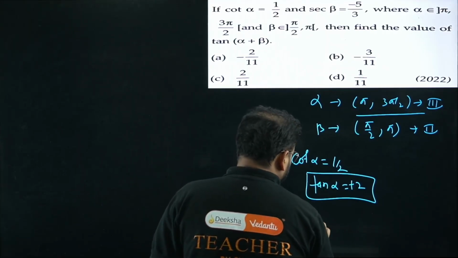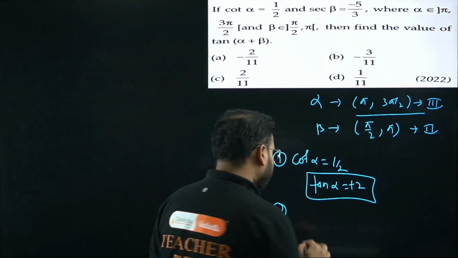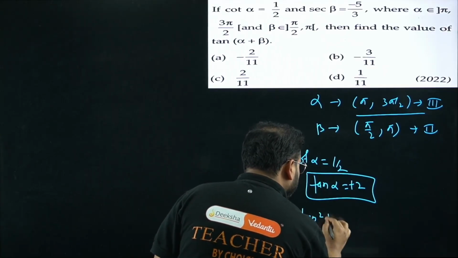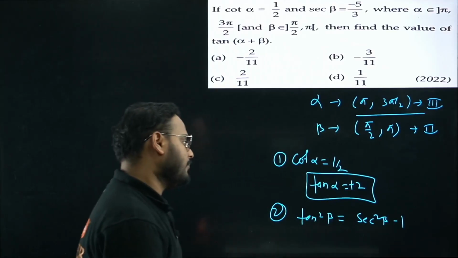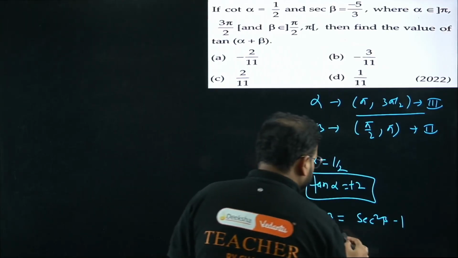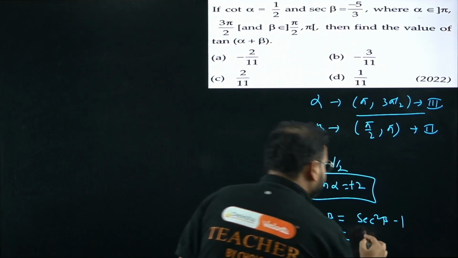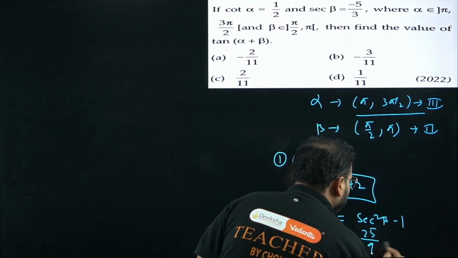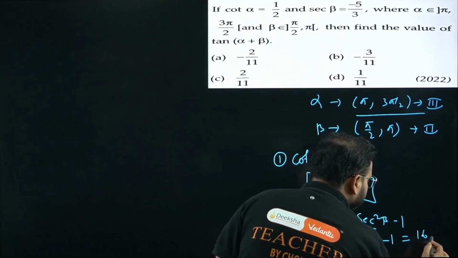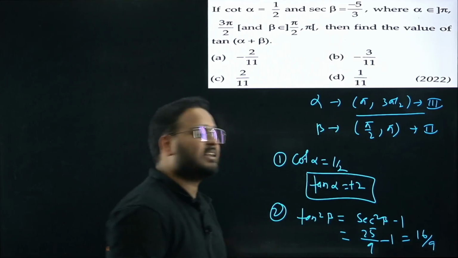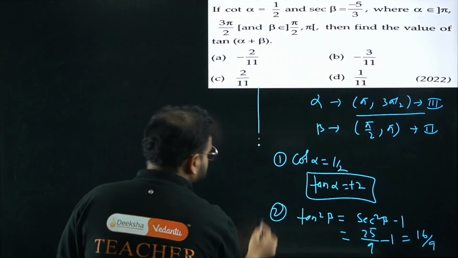So I have 1 plus tan square is sec square. So I can write tan square of beta equals sec square of beta minus 1. So I'll have 25 by 9 minus 1. Correct? So it becomes 16 by 9. 25 minus 9 is 16. 16 by 9.